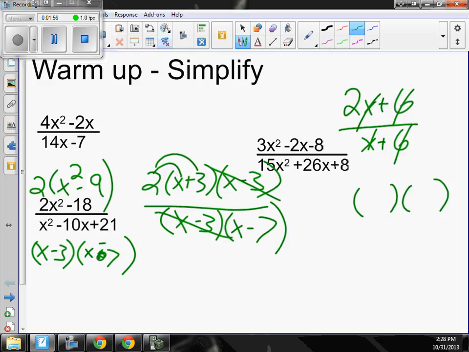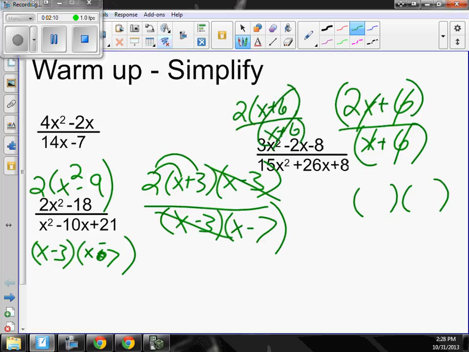So this is 2x plus 6, and that's x plus 6, and they're different. If you can manipulate it in such a way that it would be 2 times x plus 6 over x plus 6, then they cancel. But if that 2 were multiplied in, then you wouldn't be able to see it. So that's a really common mistake.